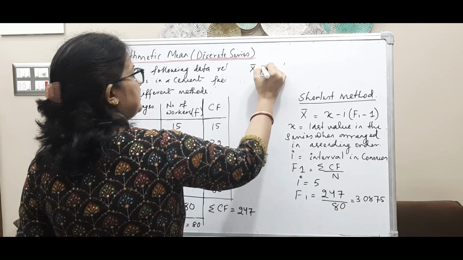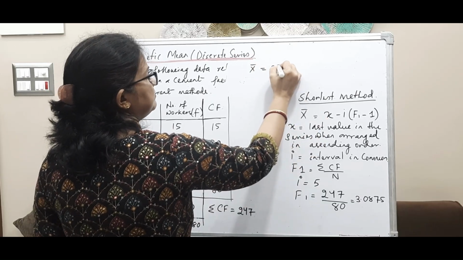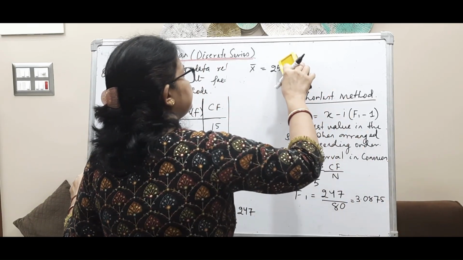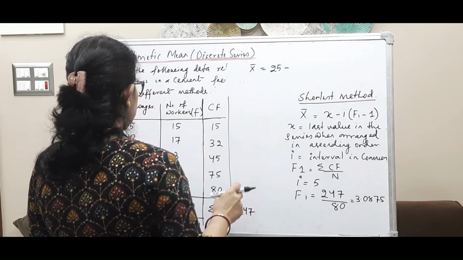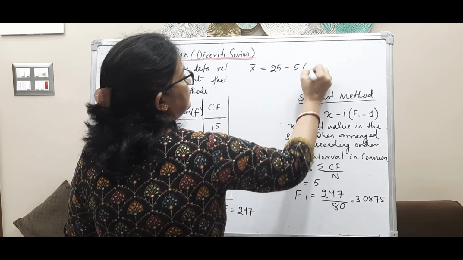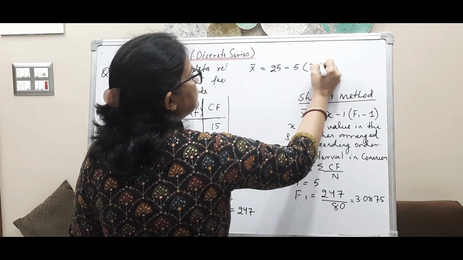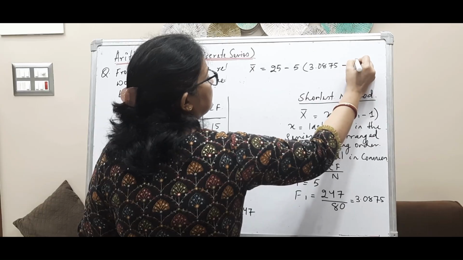X bar equal to X, we know X is 25, minus I, I is the interval in common, 5, into F1, we know 3.0875, minus 1.